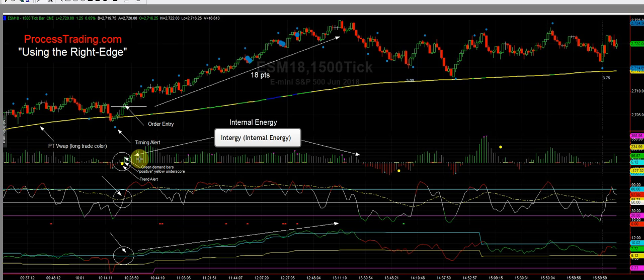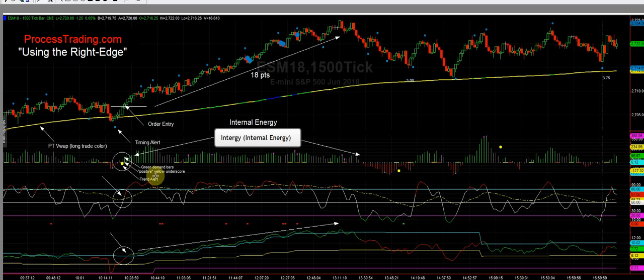We also know that the Intergy has underscores, which show price to move in a positive direction, underscores that are yellow, and underscores of red to show when it might move in a negative direction, such as here. Well, here, not only do we have positive demand bars showing up as green, we have a yellow underscore, which gives us more positive information.